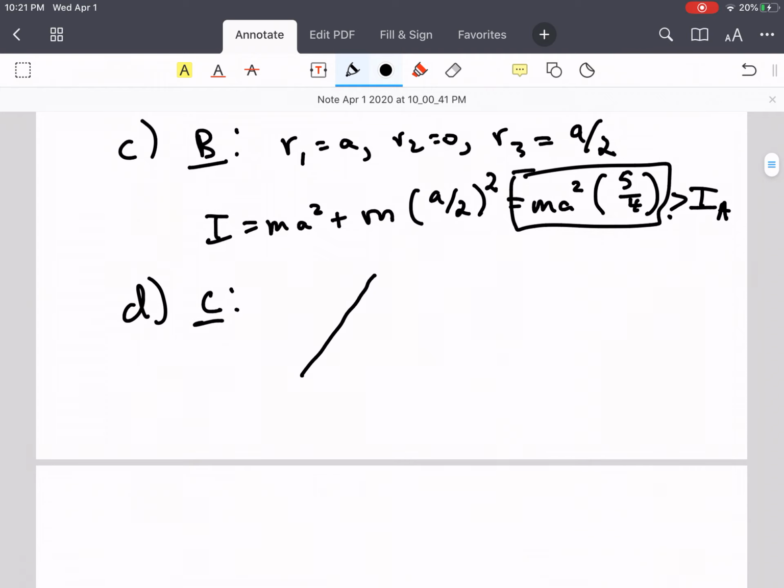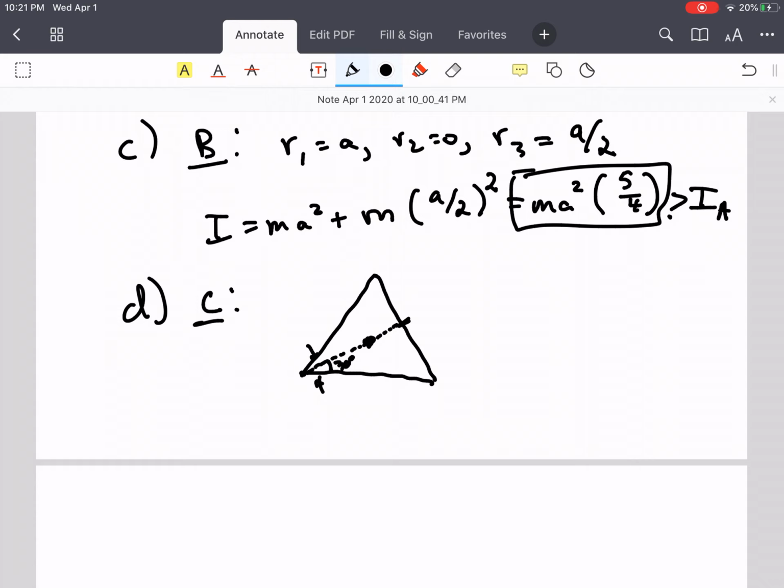Here's my equilateral triangle. Here's my point C that's equidistant to all of them. If I draw a line that goes from here to there, it has to bisect this side of the triangle. We know that each one of these angles was 60 degrees, so this smaller angle is 30 degrees.